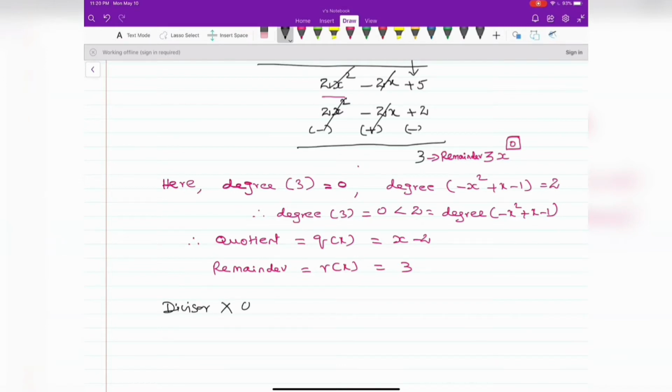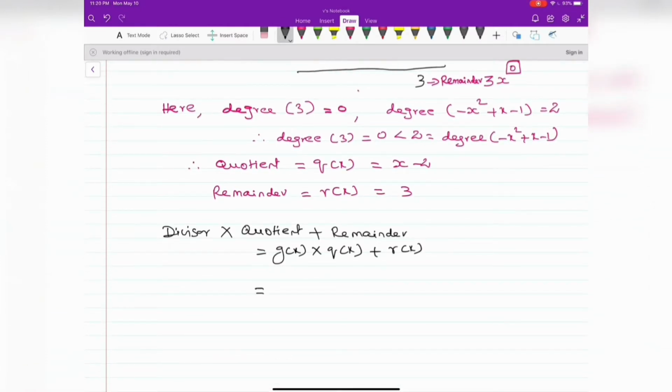Into quotient plus remainder. This is nothing but, as per our assumption, we have taken this as g of x into q of x plus r of x.